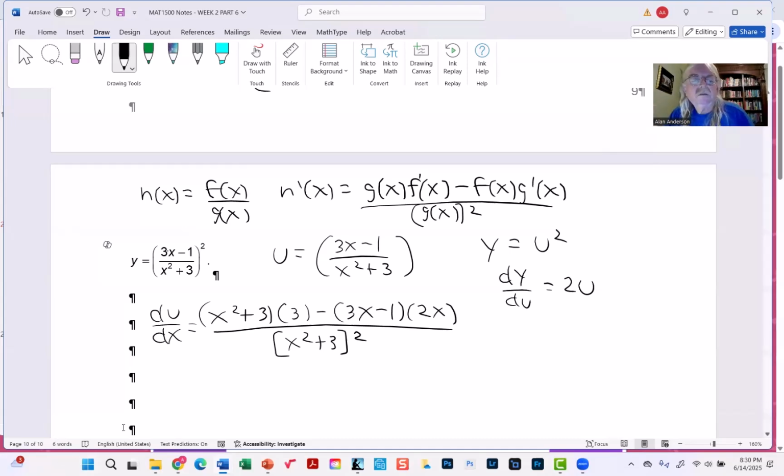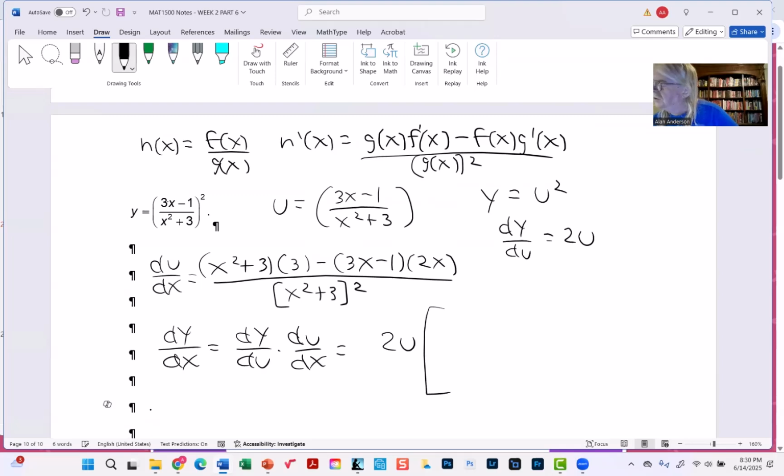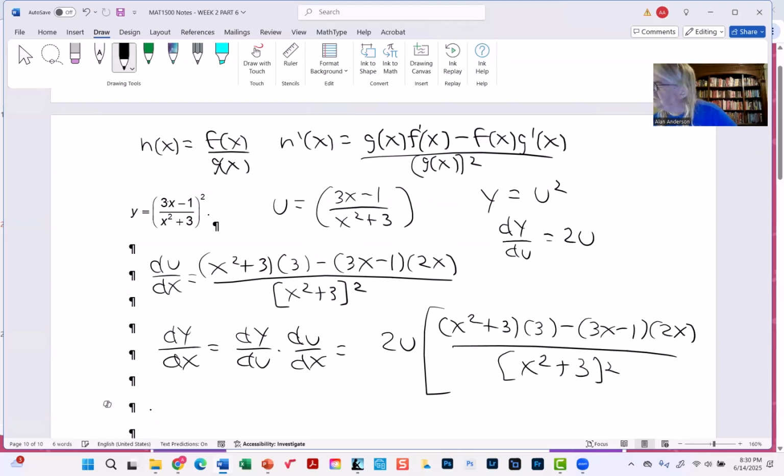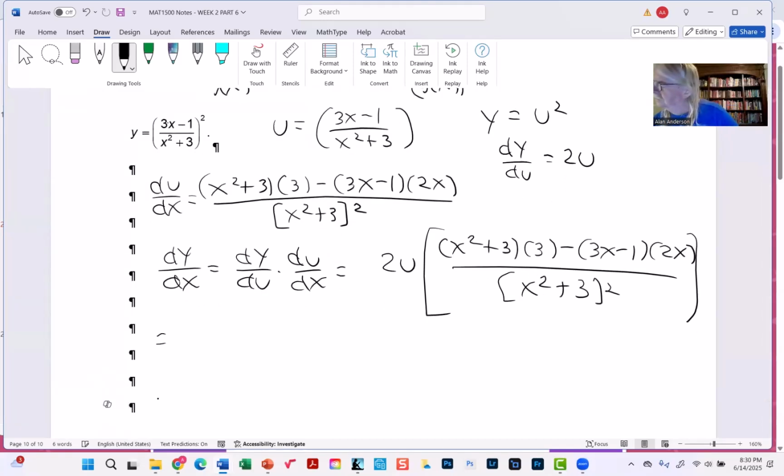So therefore, we'll end up with 2u times all of this. Right? And then we just have to make the substitution for u, and we're all set. Remember, u is this original ratio here.